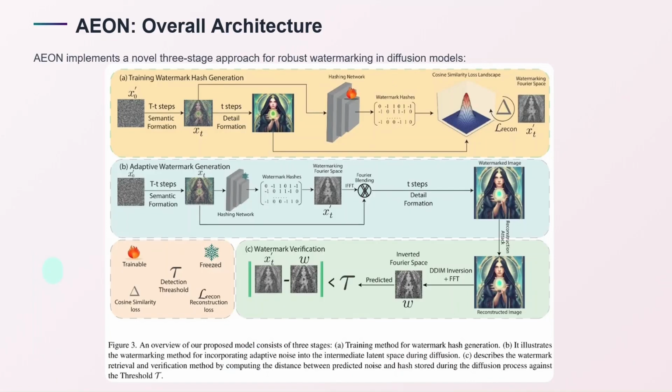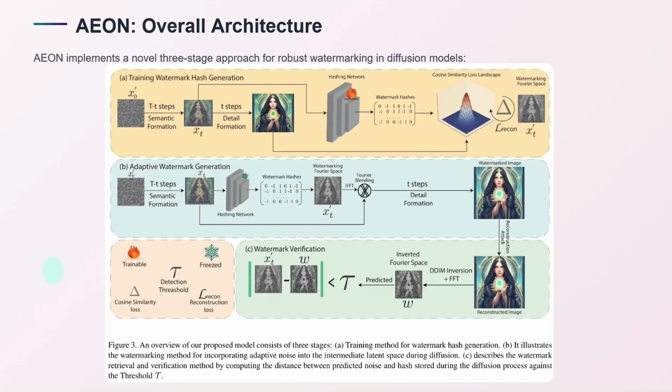In the first step, we have a trainable hashing network, and we take in XT, the intermediate noise at injection timestamp T, and use this XT to train the hash network. The hash is trained with different loss functions that will be discussed later. In step two, we have adaptive watermark generation, where we use the same hash network trained in step one.